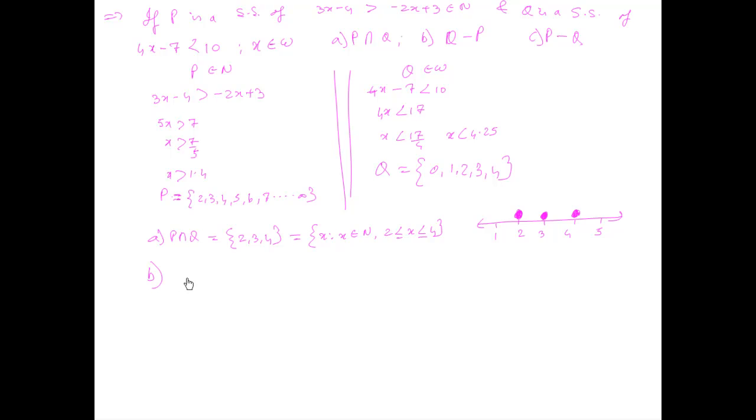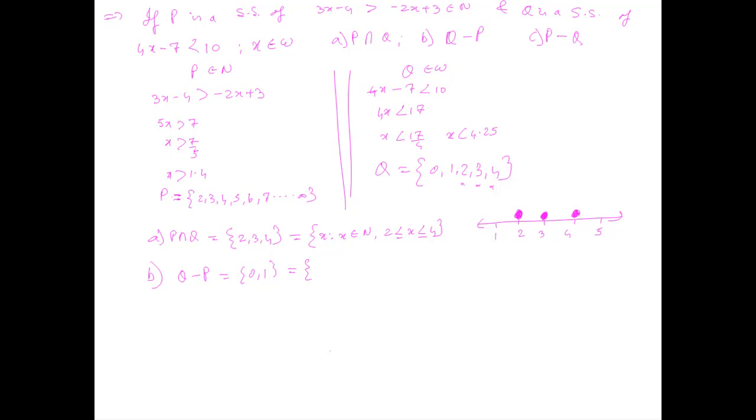Then they ask for Q take away P. So from Q, children, you take away whatever it has in common with P. So under that circumstance, children, 2 will go, 3 will go, 4 will go. So you'll be left with 0 and 1 only. So this would come out to be 0, 1.